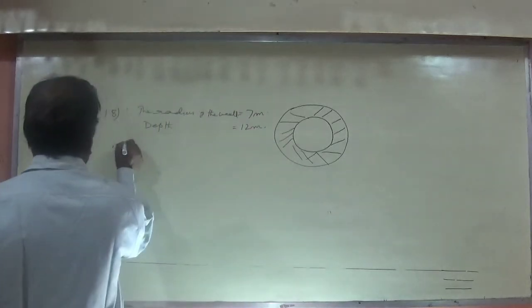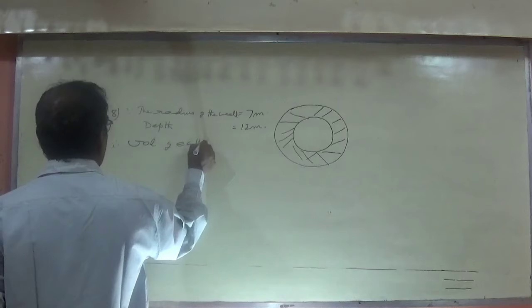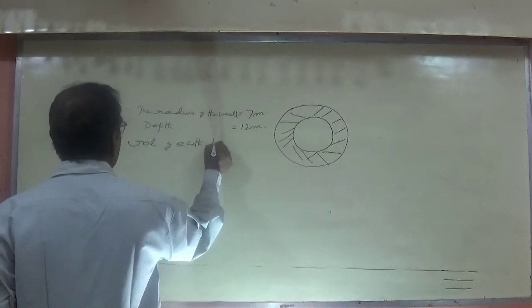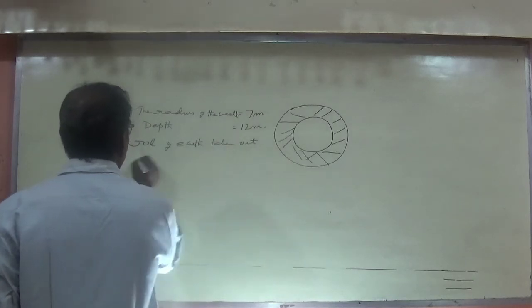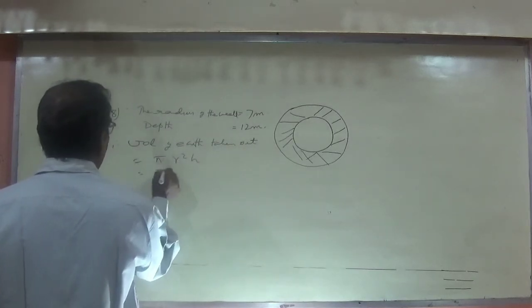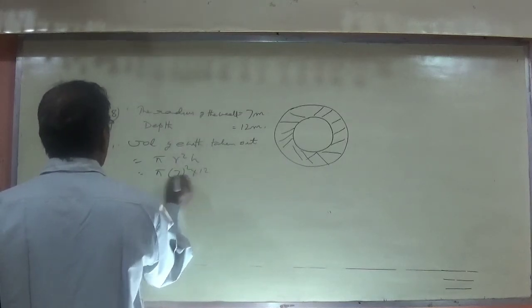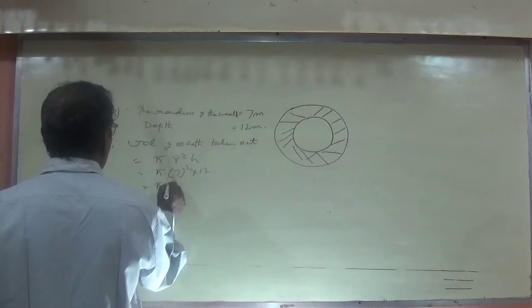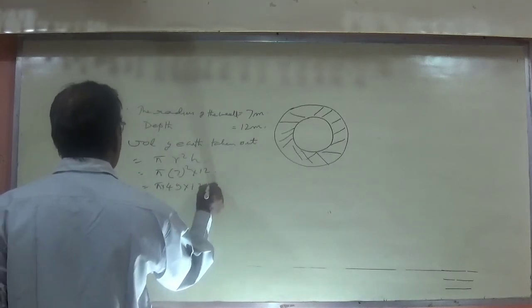Therefore, volume of earth taken out is equal to pi r square h. Pi, r is 7 square into height 12, which is equal to pi into 49 into 12. Keep this one as it is, meter cube.